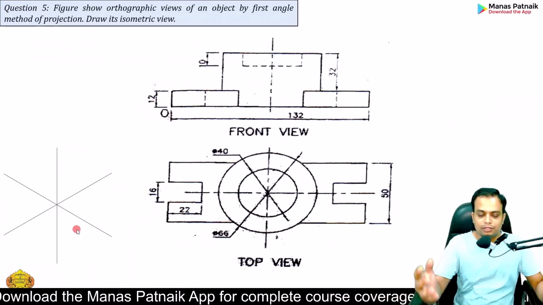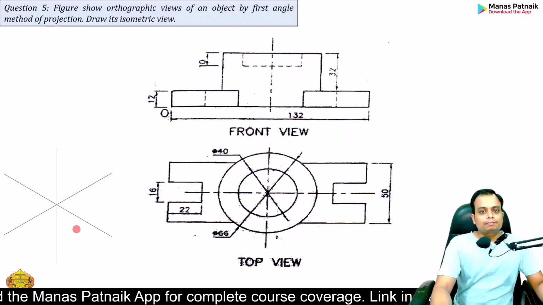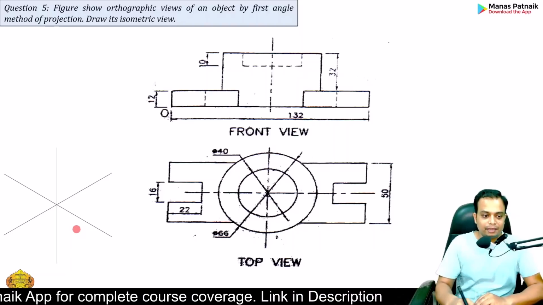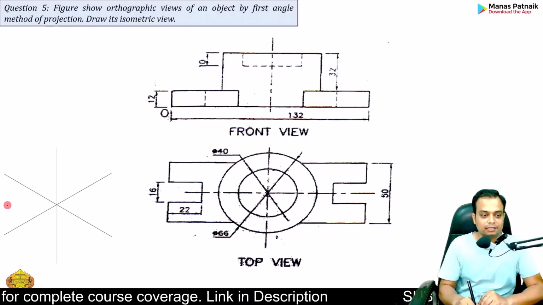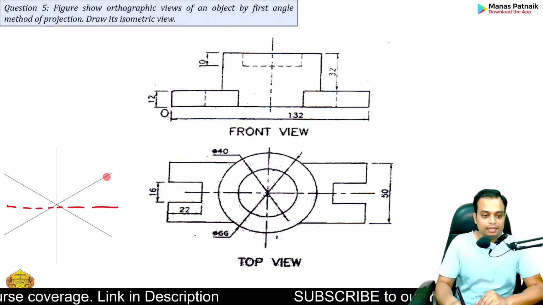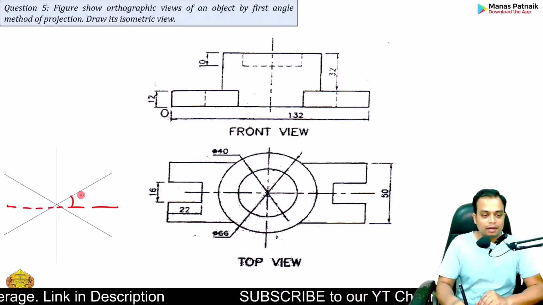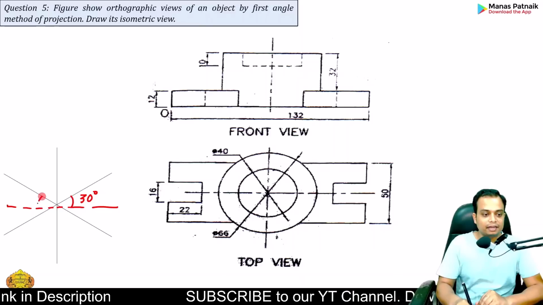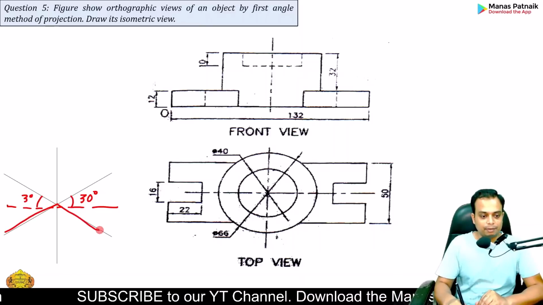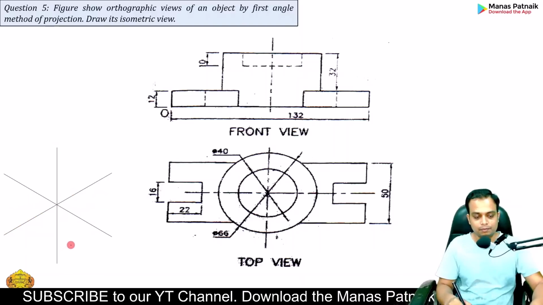And by the way, whenever you start making any isometric drawing, please remember to make these set of isometric axes. Draw a vertical and a horizontal, and these lines, this line and this line, are at 30-degree angles. Okay, and then you can extend them in the backward direction, and this vertical line.